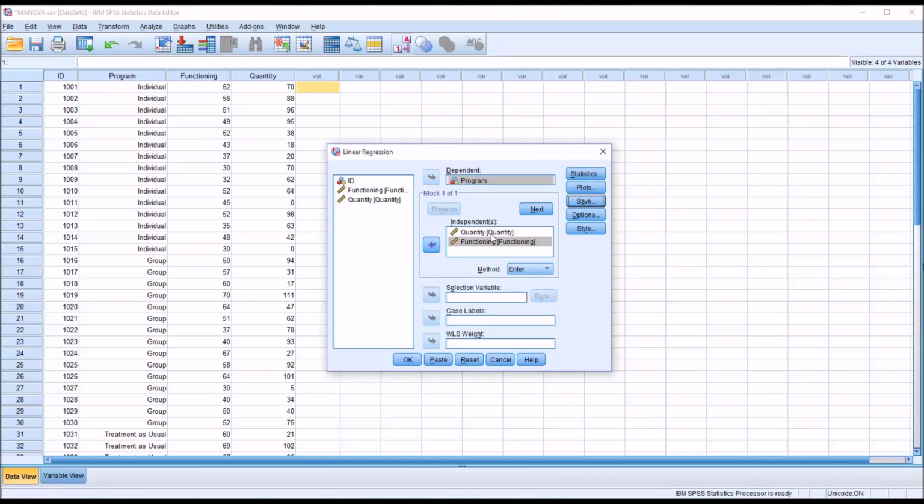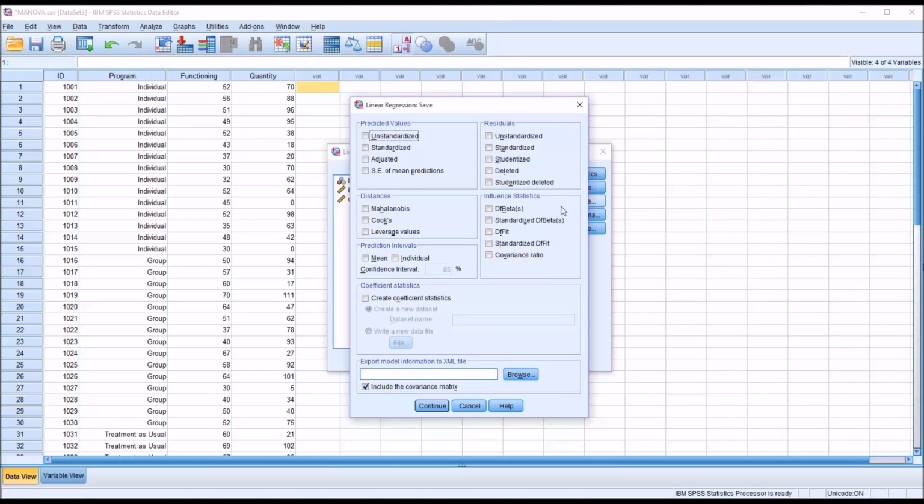And everything here will stay as default except for under Save. I'm going to create a new variable, and what I want is the Mahalanobis distance. Right, so it's this box here, Mahalanobis, and this will create a new variable.